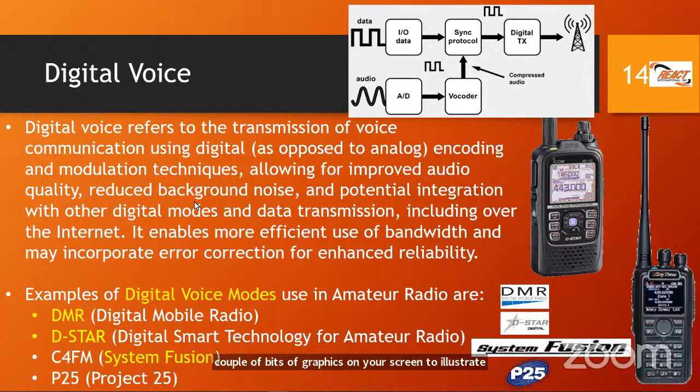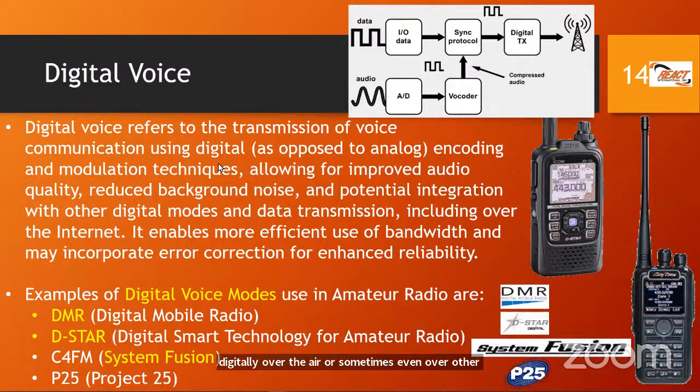But what is important for the exam is that there are a couple of digital voice modes that we need to be aware of. And all of them will take our analog voice and encode it using something called a codec. That encoding turns it into a digital mode for transmission digitally over the air, or sometimes even over other means such as the internet, right?